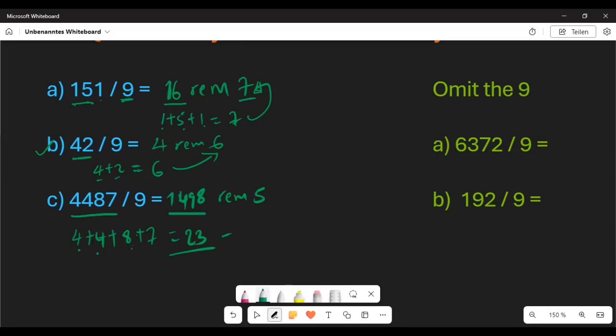The simplest form is to add the digits again, so 2 plus 3 gives us 5. If the number is more than 9, just add its digits. For example, if the number was 14, just add 1 plus 4 and you will get the remainder.